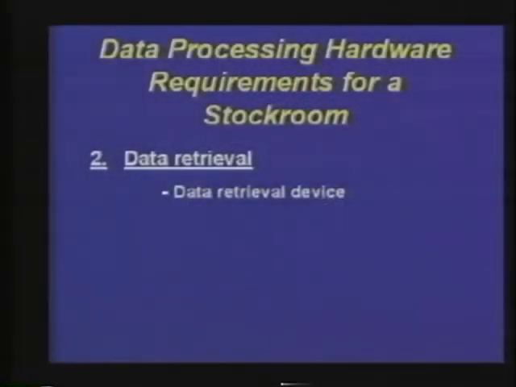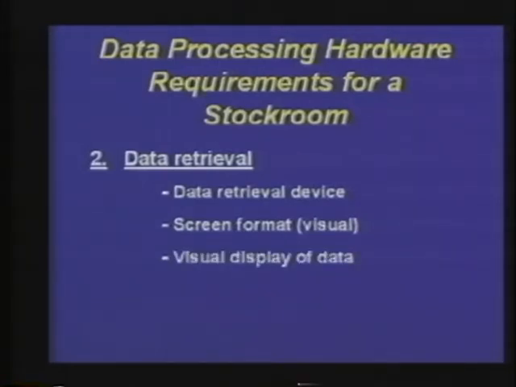So here again in item 2, we have the data retrieval device: terminal, printers, barcode applications. What type of screen format are you going to have? Remember, the various screens are all identified through a coding system. We have a visual display using the terminal.